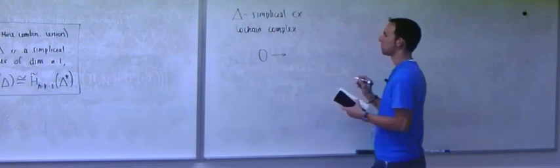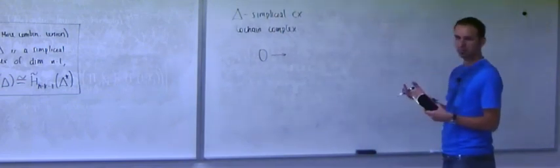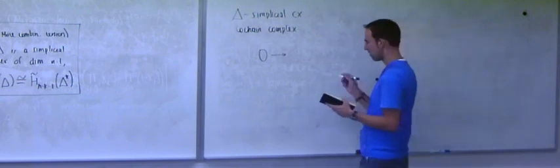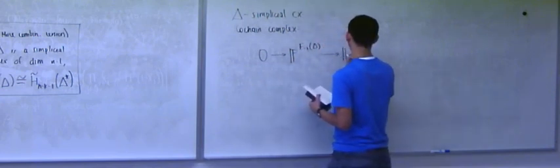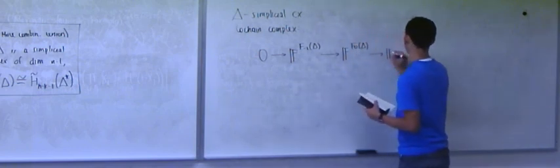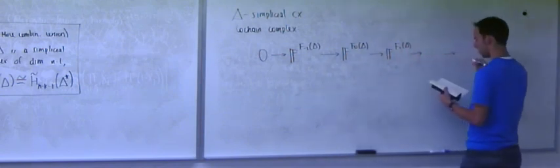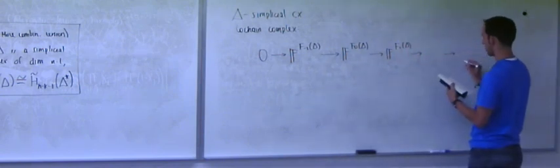So the co-chain complex is going to look basically like the chain complex, but backwards. What I mean by that is that you start with the top-dimensional things, then you go to the lower-dimensional things, and you continue all the way down to zero.